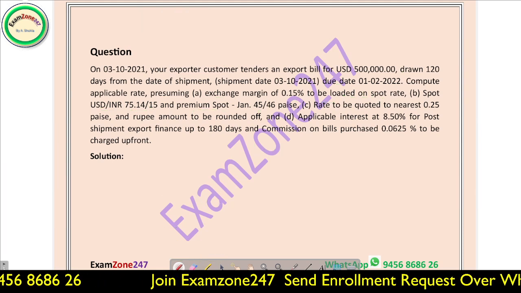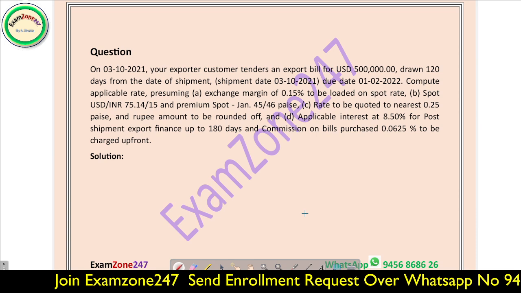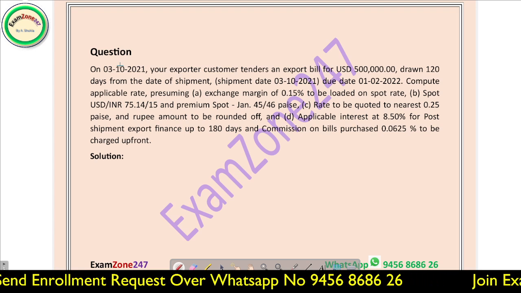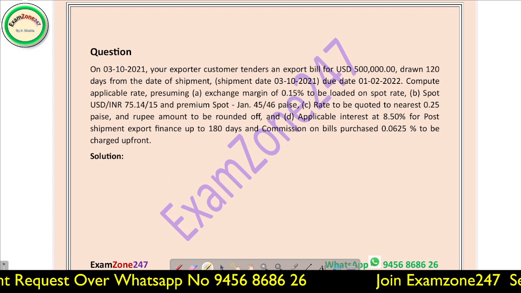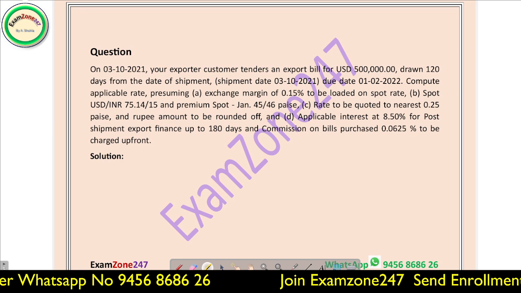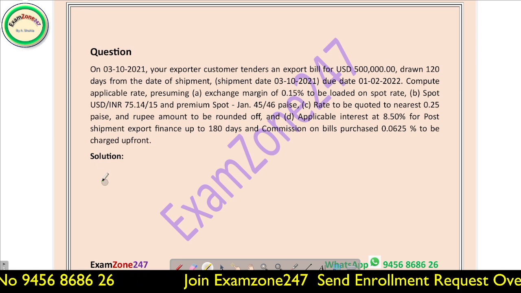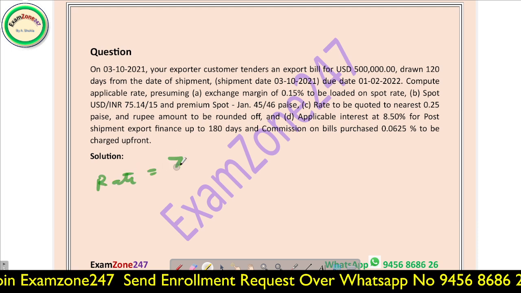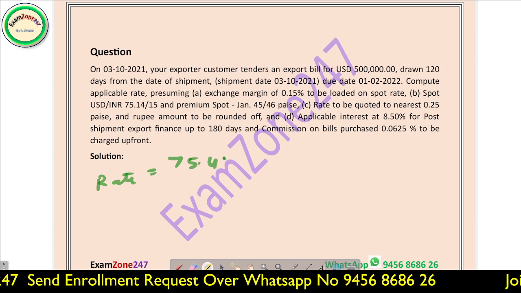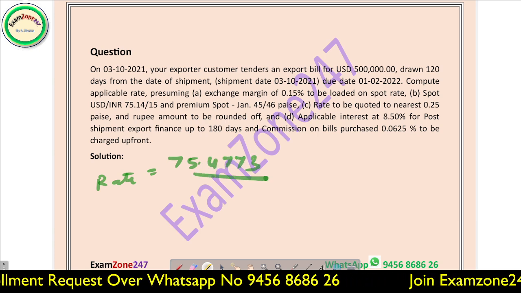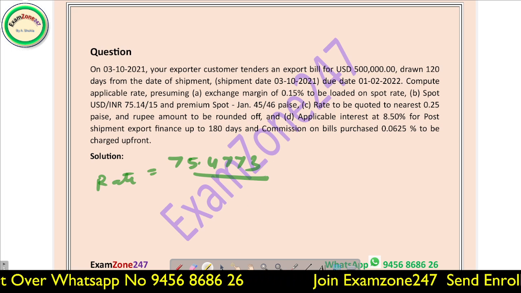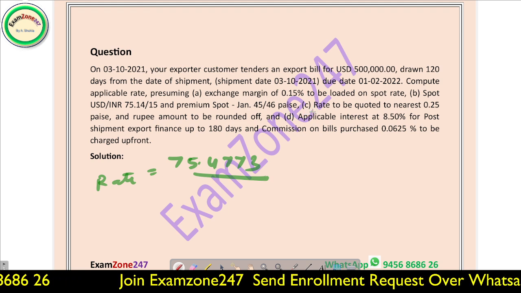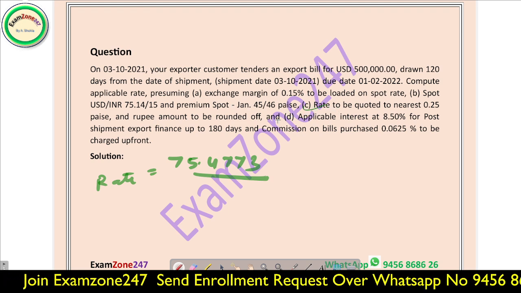Now we have calculated the rate as 75.4773. This is the calculated rate at which exchange will be done. Now the rate we have already quoted.